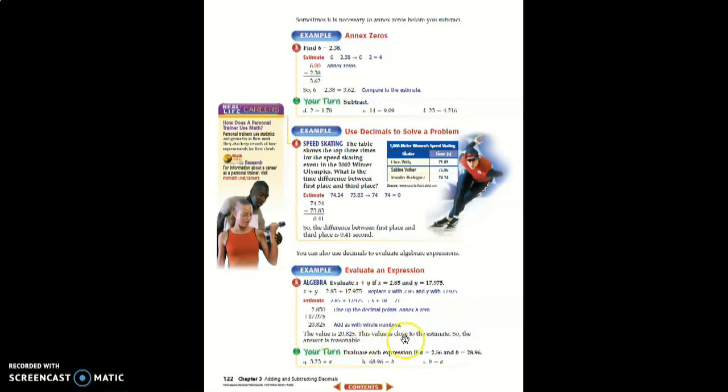This value is close to the estimate, so the answer is reasonable. Your turn: evaluate this expression if a is 2.56 and b is 28.96.